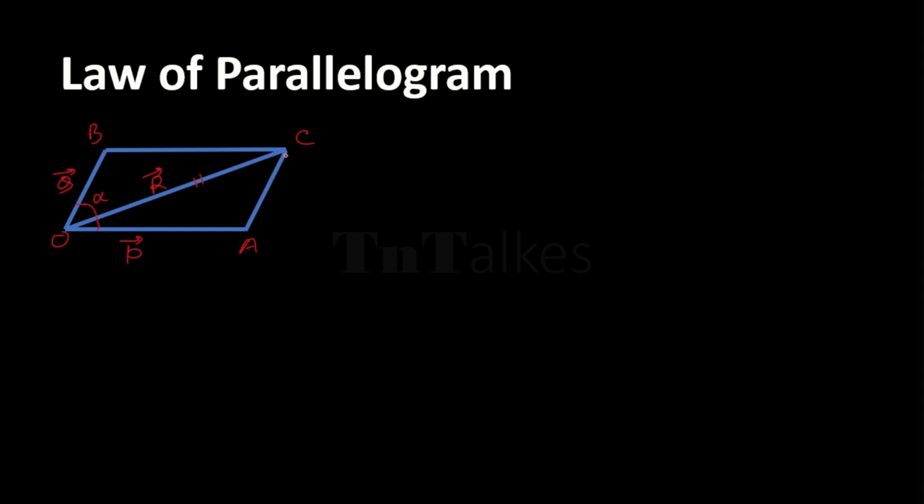First, we will apply the Pythagorean theorem. To apply a Pythagorean theorem, we must consider a right angle triangle. So, we need to draw a perpendicular on the extension of OA. So, we are giving a name here D. If it is alpha, then angle CAD is also alpha.